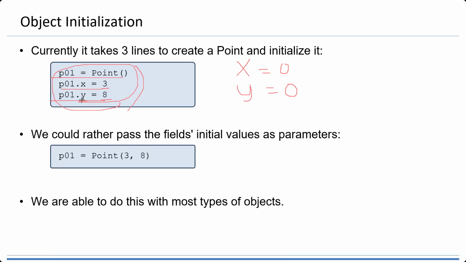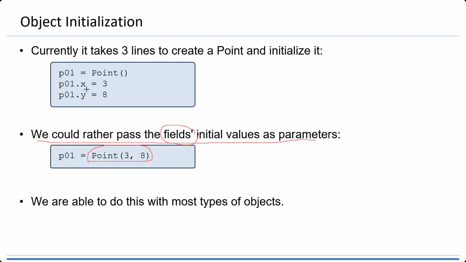But is it possible to make it only 1 line like this one? So you can put everything in the point class. We could rather pass the field's initial values, or the attribute initial values, as parameters.